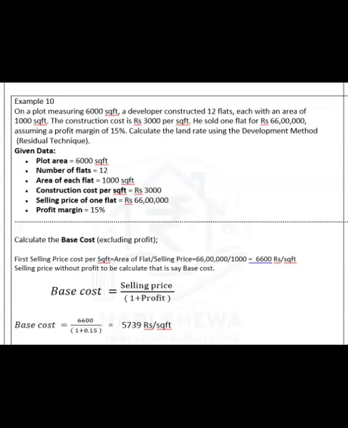Maximum candidates make a mistake: they will take the profit margin cost, 6,600 into 20%, that is 1320. But this is not the profit margin, this is wrong. Remember one thing, profit margin is calculated on the base cost.